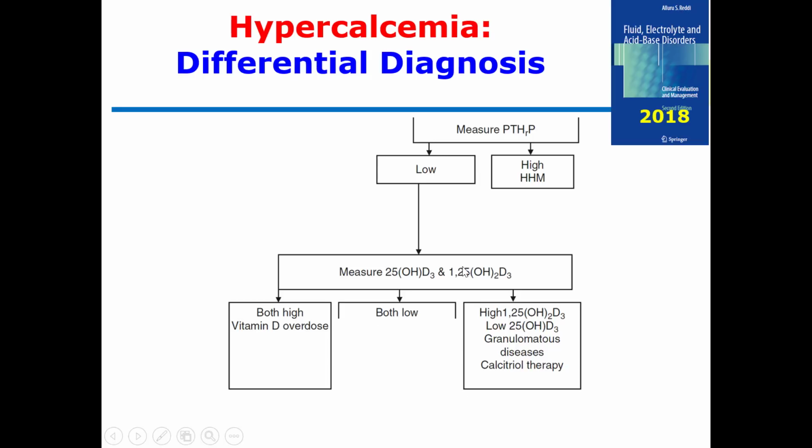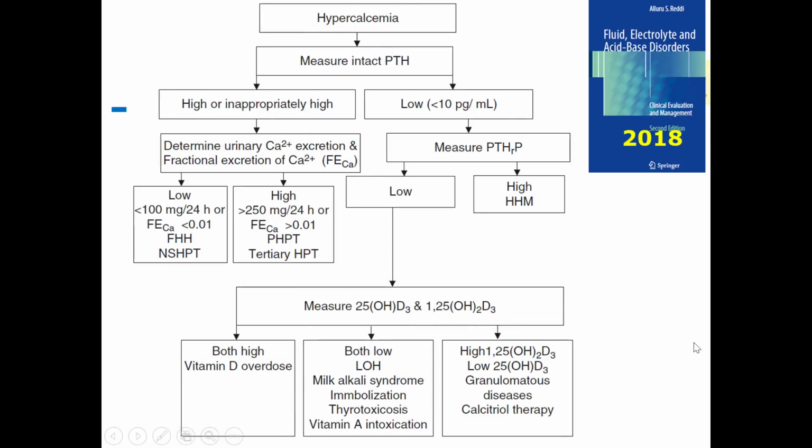If both of them are low, here we are dealing with other etiology rather than hyperparathyroidism, malignancy, or vitamin D related. This may be local osteolytic lesions, milk alkali syndrome, immobilization, thyrotoxicosis, vitamin A intoxication, or other causes. So this is the panoramic view of differential diagnosis.